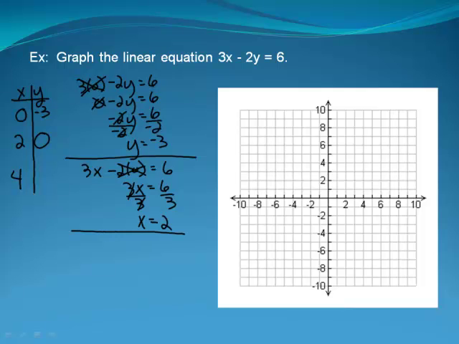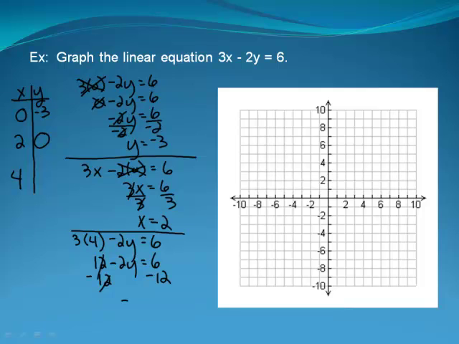My third point, I'm going to let x be equal to 4. So I've got 3 times 4 minus 2y equals 6. 3 times 4 is 12. So 12 minus 2y is equal to 6. Subtract 12 from both sides.